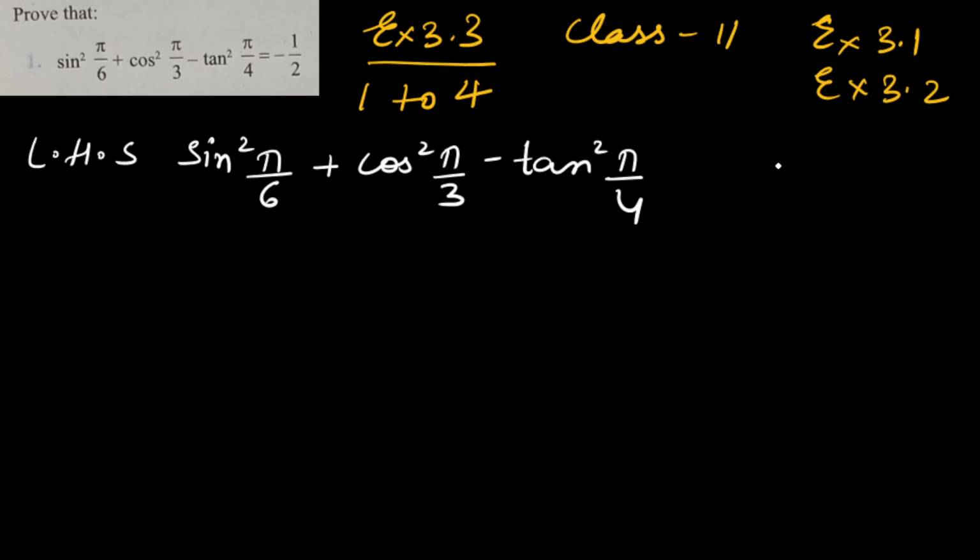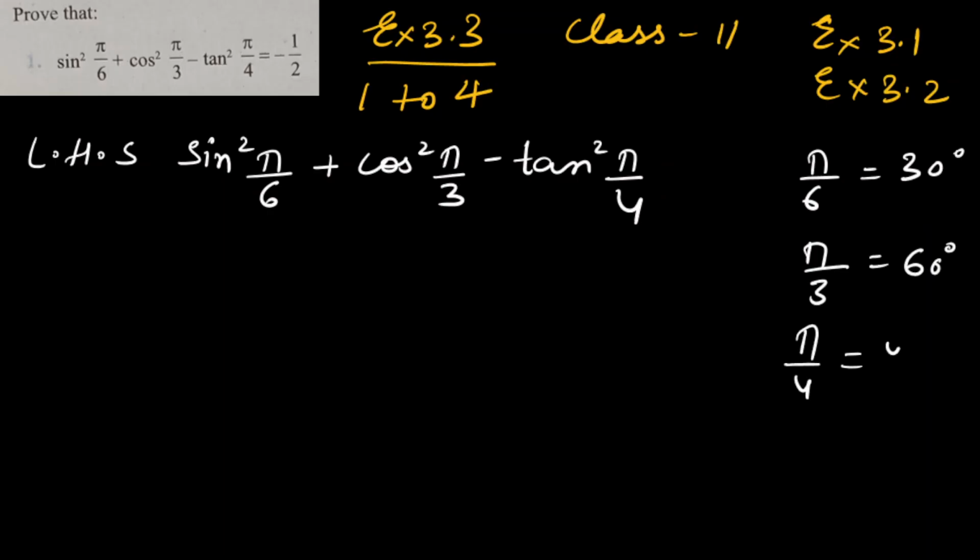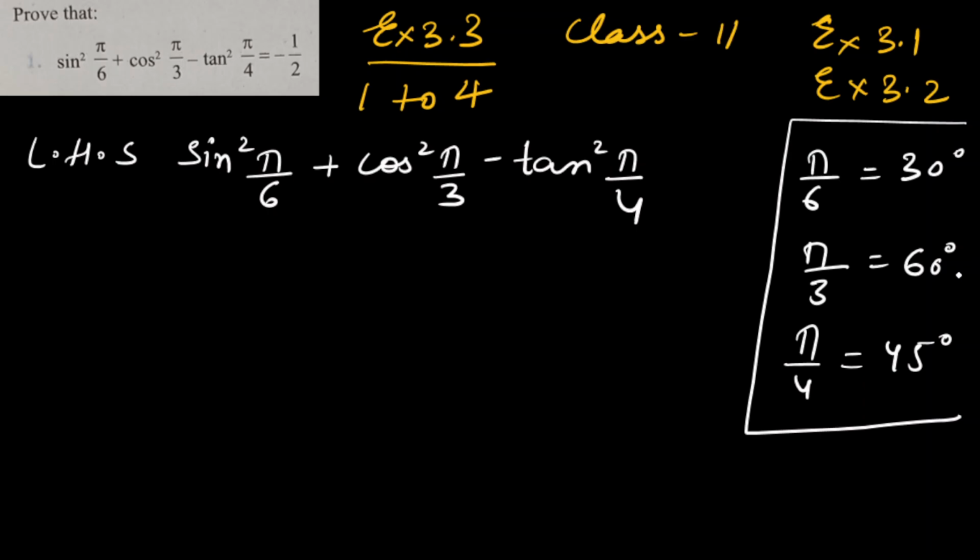Pi by 6 in degrees is 30 degrees, pi by 3 is 60 degrees, and pi by 4 is 45 degrees. You can remember these because in 10th grade we learned standard angles in degrees, whereas now we have to use angles in radians.